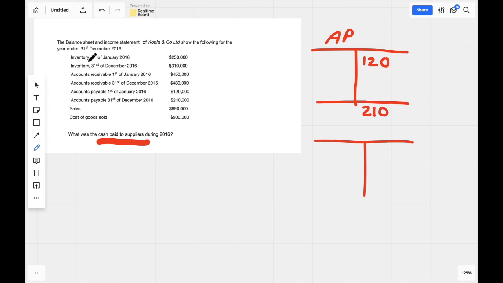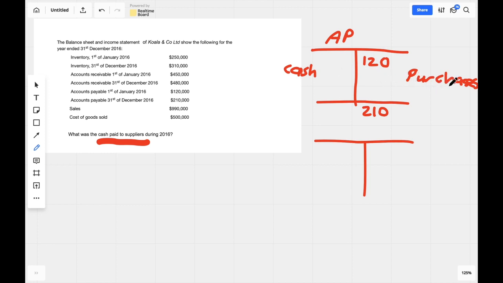So this is the account we're going to need to determine purchases, and we'll put purchases here. What decreases accounts payable is cash, when you make cash payments. We don't know what that is yet. Think of this almost like a puzzle, where we need to work out that component.